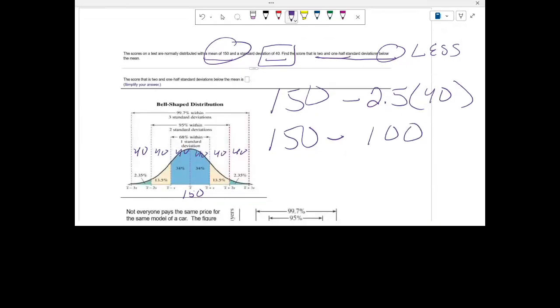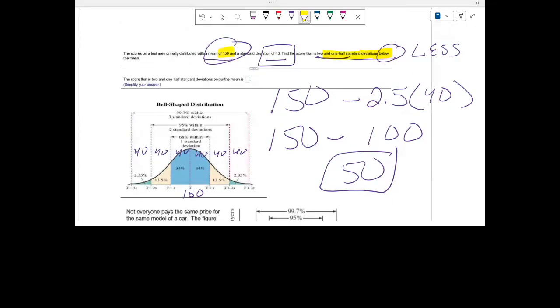Is that 100? Anybody got a calculator? Yeah, it's 100. Okay, look, y'all. Now what we're going to do, we're going to subtract them. 150 minus 100, 50.